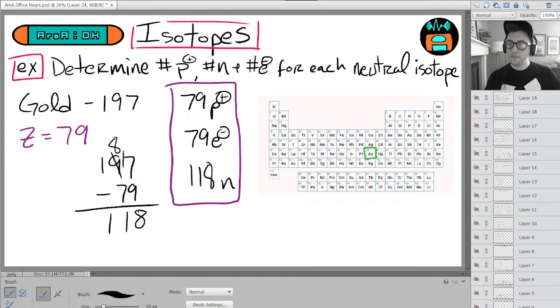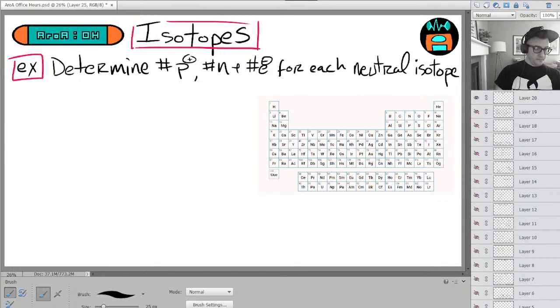Let's do one last one. Sophia, great question. Sophia was asking, how do we know that this element is a neutral isotope?